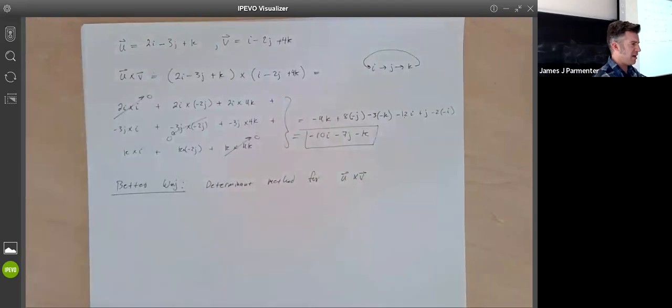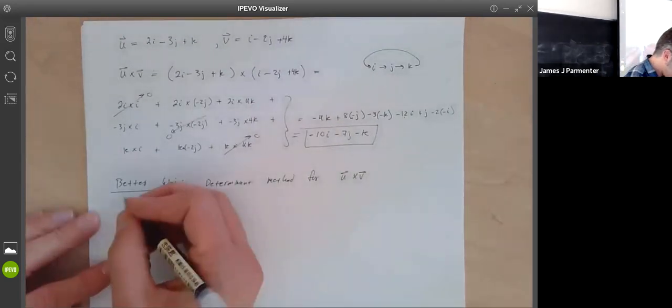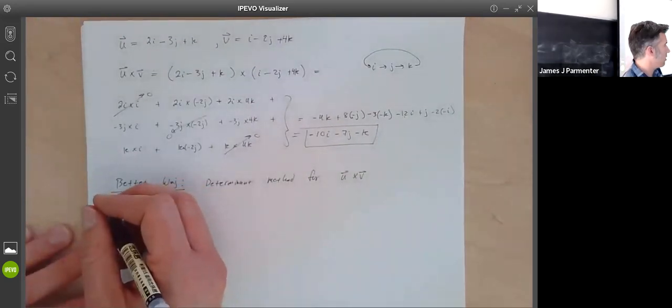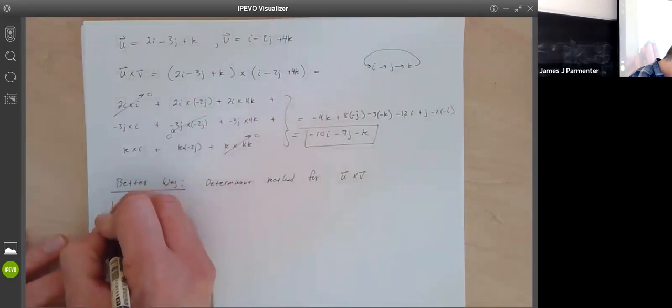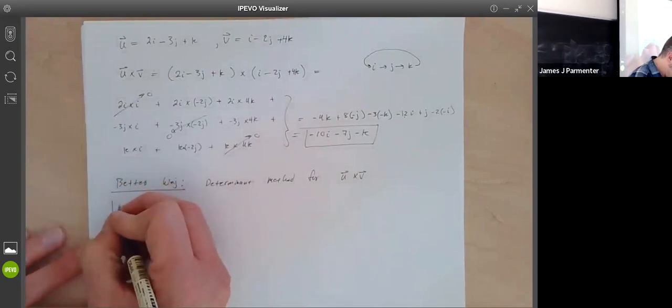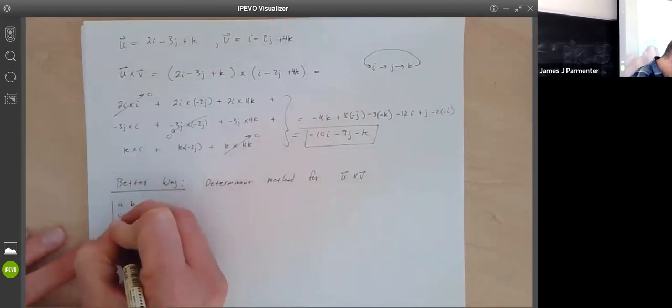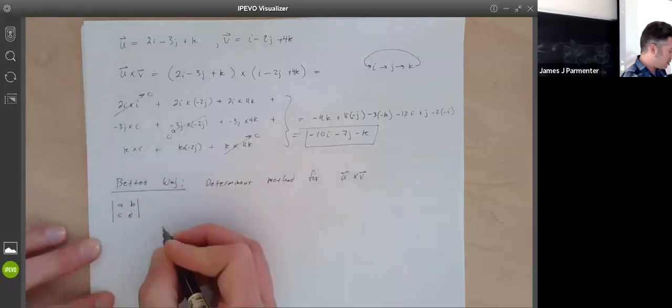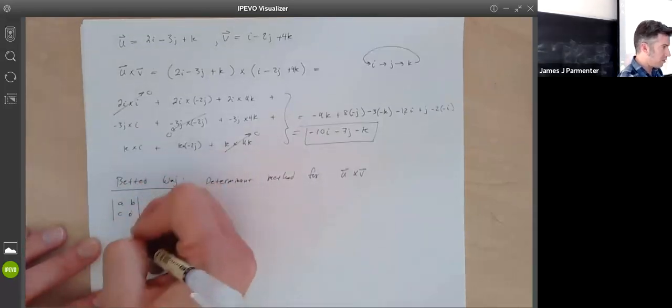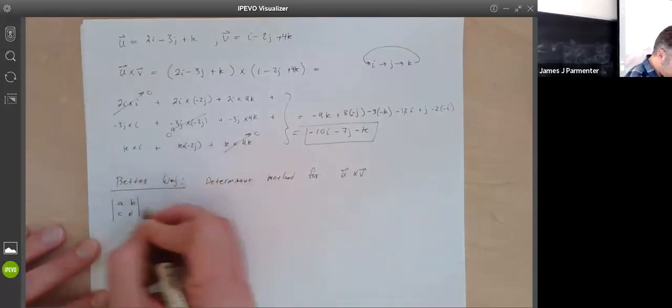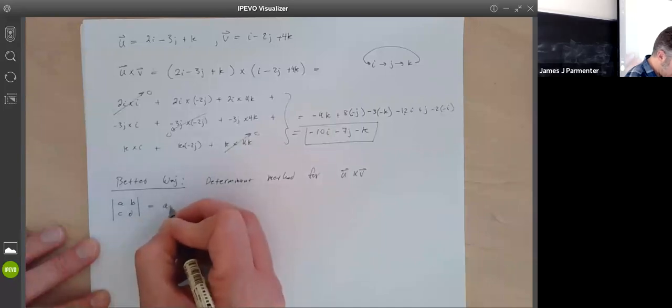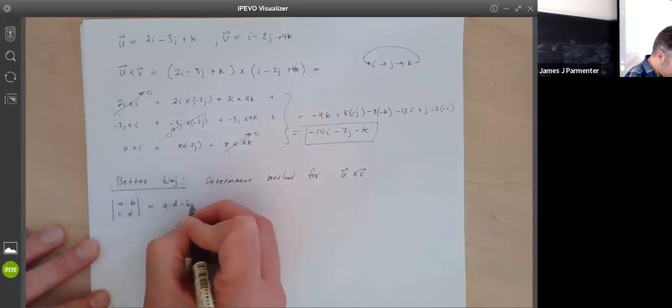I imagine most of you haven't seen a whole lot of matrices, maybe a little bit, maybe not at all. Either way, totally fine. There are only two things you need to know about matrices for this to work. Thing one, if you have a 2x2 matrix, welcome. If you have this matrix, a, b, c, d, and you take the determinant of it, which is what this vertical bar notation means, the determinant of this matrix is a times d minus b times c.